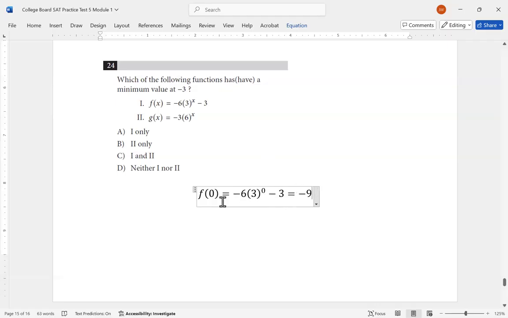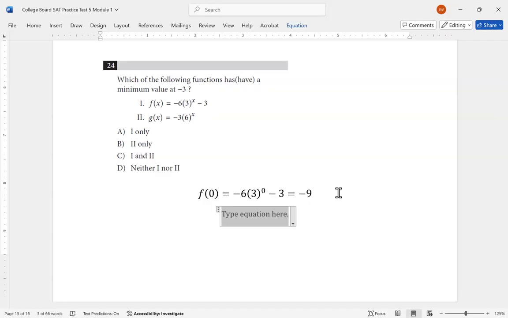So obviously function 1, our first option, can go under -3. -3 is above -9, so f of x does not have a minimum value of -3. By the way, if you plugged in a 20 or a 30, you would also get smaller values.